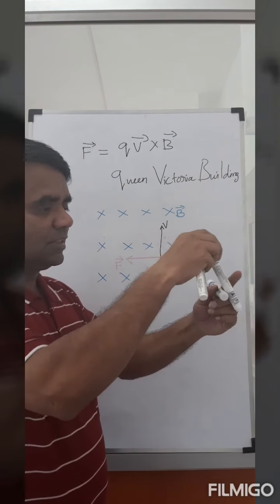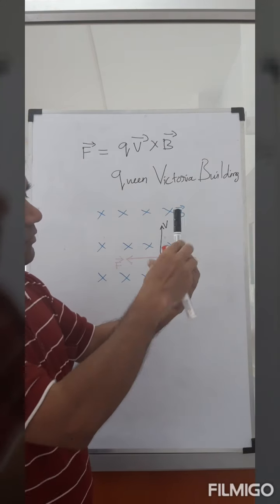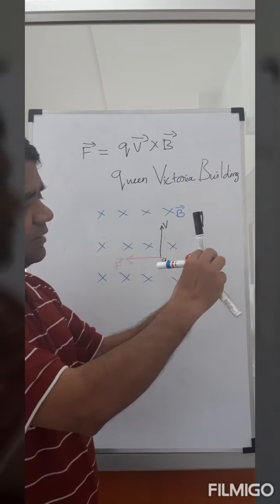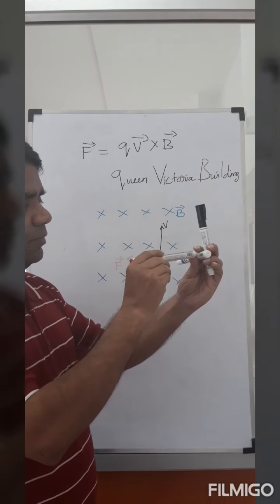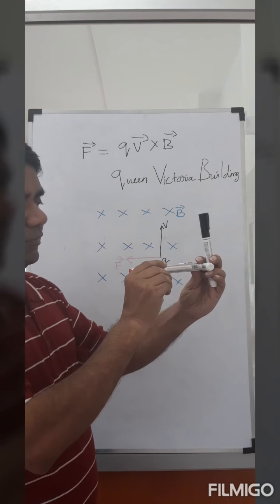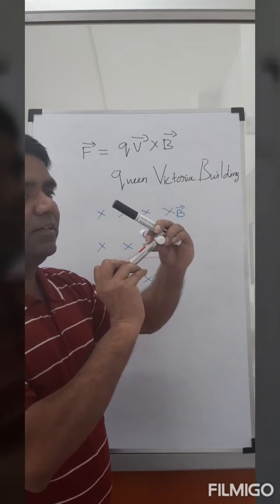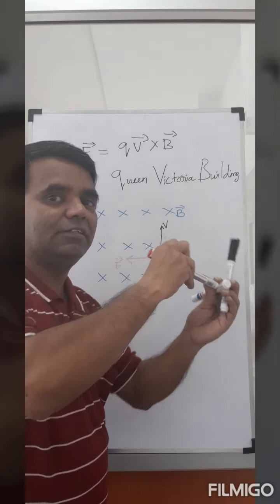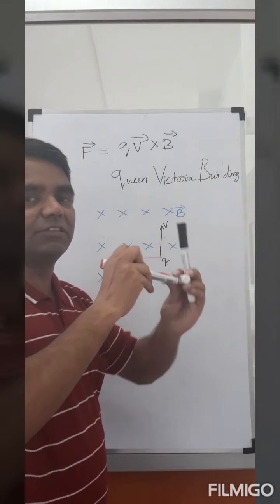But as it turns, it is still 90 degrees between these two, so the force should be like this. As it turns, notice that F changes its direction.